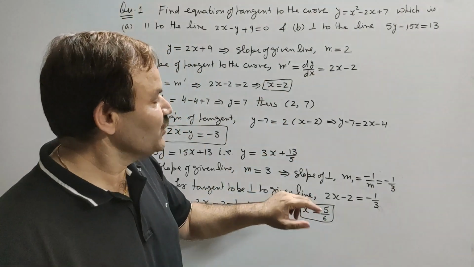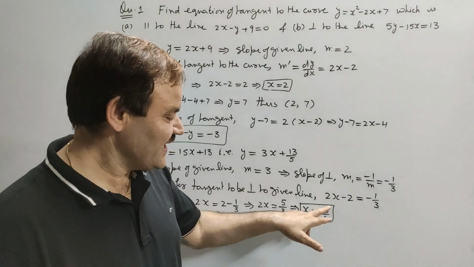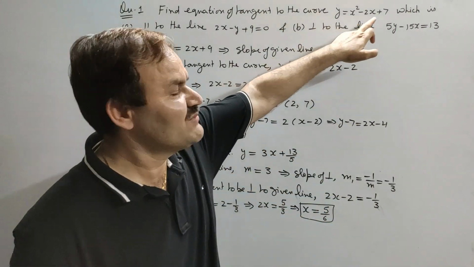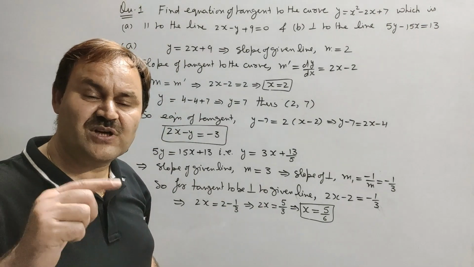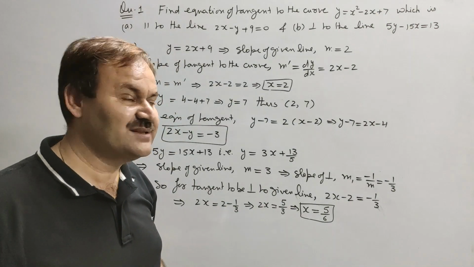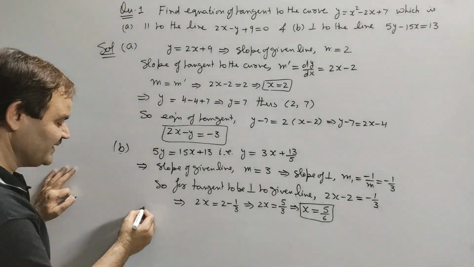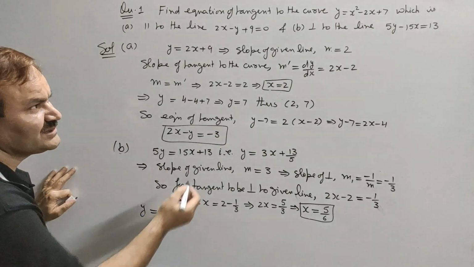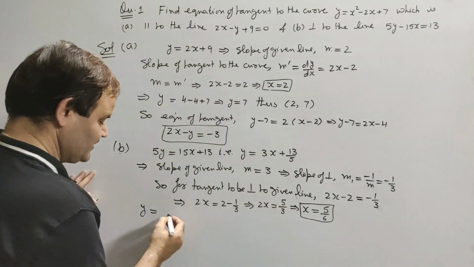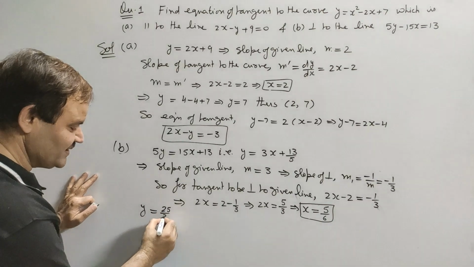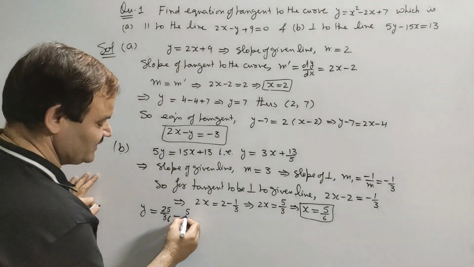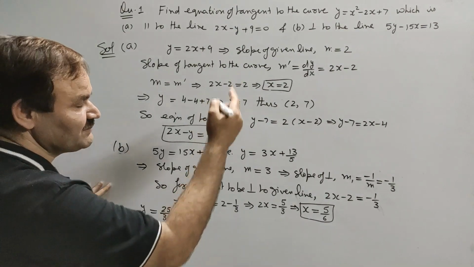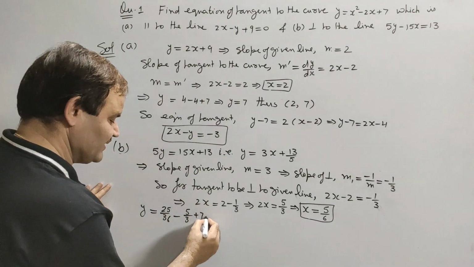Now again, by putting the value of x as 5 by 6 in the equation of the curve, we can find the corresponding value of y, and that value of y will be x square, that is 25 by 36, minus 5 by 3 plus 7.